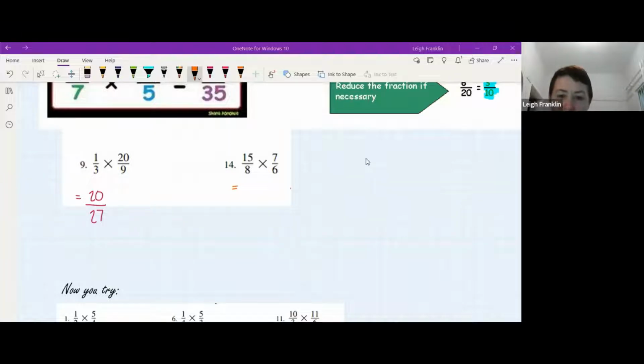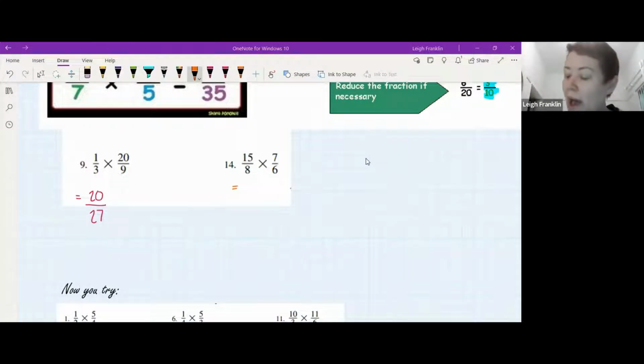What can I divide at the top and the bottom? I can divide both of them by the same thing. Does anybody know? Sure, Relivua, go for it. I don't know, but at the bottom is a 2.